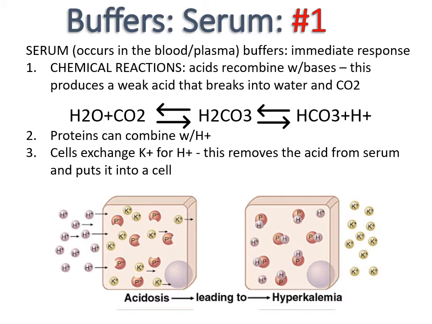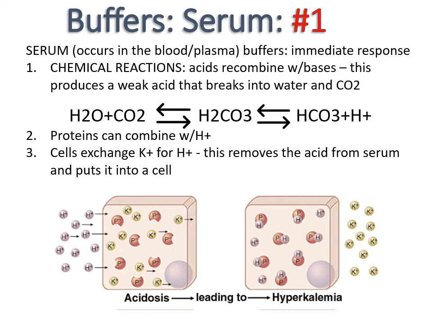So you can imagine if someone is very acidotic, one of the first systems to take place is this reaction in the bloodstream where H plus reacts with bicarbonate to make H2O and CO2. Getting rid of some of that H plus is going to stop the system from becoming acidotic.